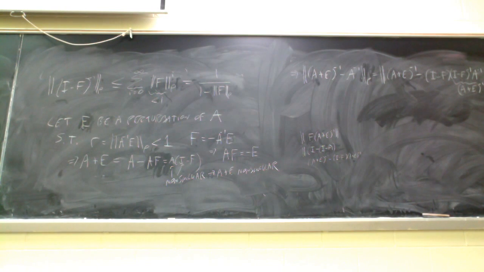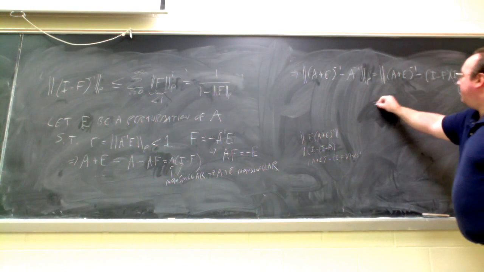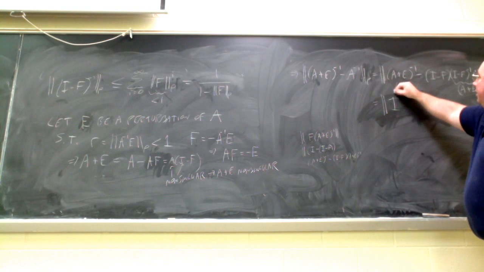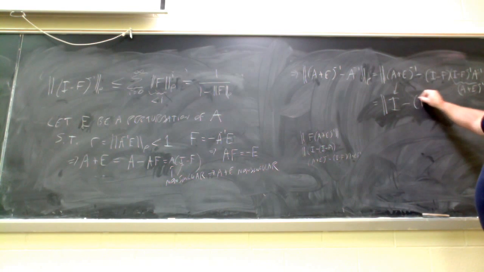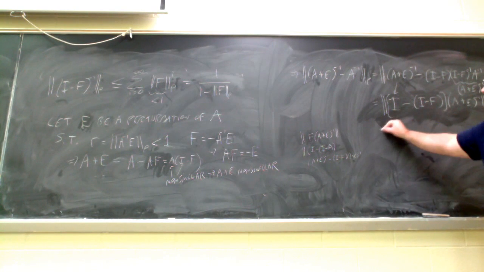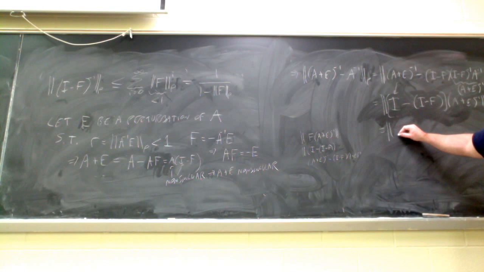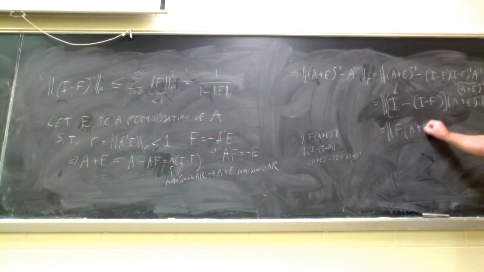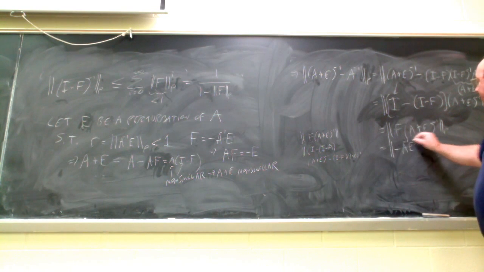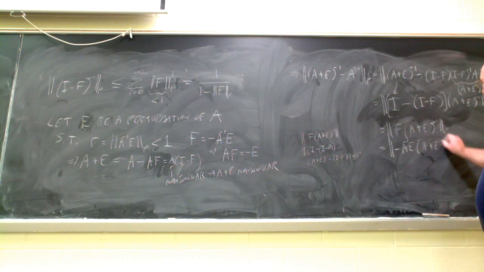So now I have A plus E inverse that I can factor out to the right of everything. So what's left is I, from over here, minus I minus F, that's factored out, times A plus E inverse. And then I can simplify what's inside here. I minus F, that cancels, and what's left is F. And then F is the same as minus A inverse E, A plus E inverse.